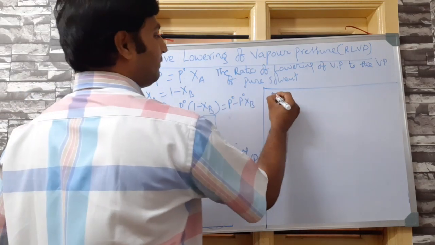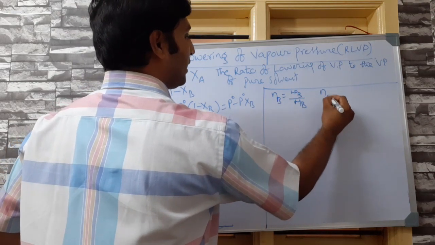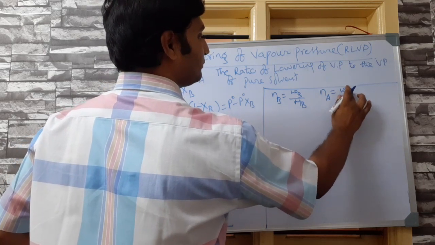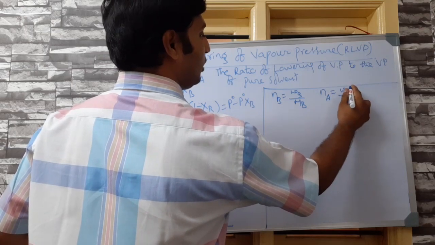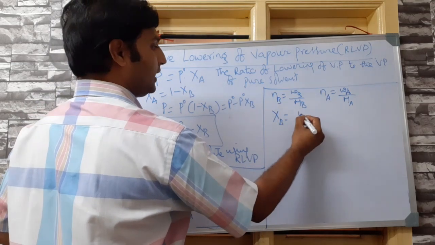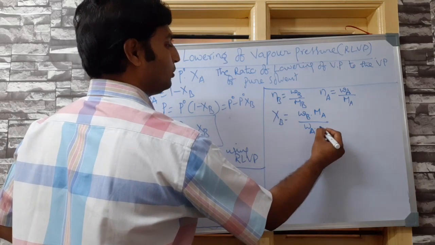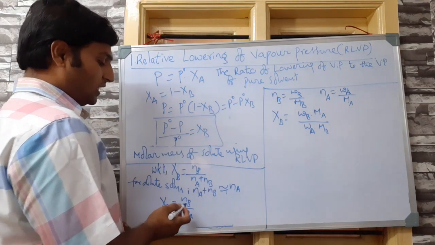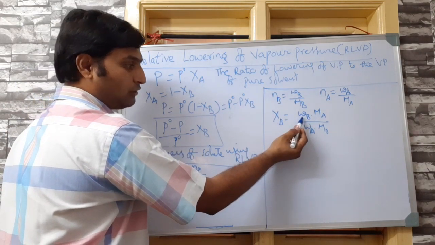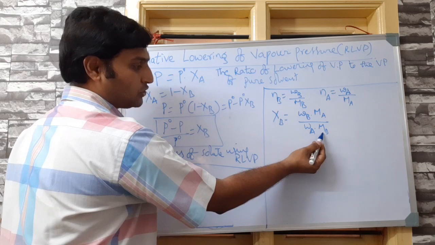Now, you know very well the number of moles of solute is mass of solute by molar mass of solute, and the number of moles of solvent is mass of solvent by molar mass of solvent. Now substituting that here, you will get Wb into Ma by Wa into Mb. Correct? So in place of mole fraction I can take Wb into Ma by Wa into Mb, where Wb is the weight of solute, Ma is the molar mass of solvent, Wa is the weight of solvent, and Mb is the molar mass of solute.